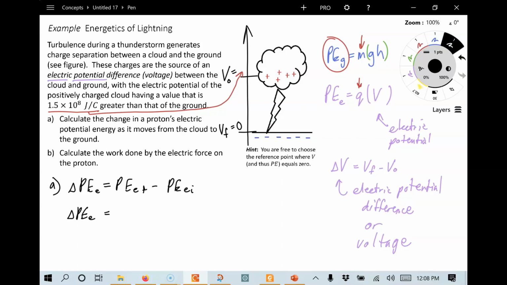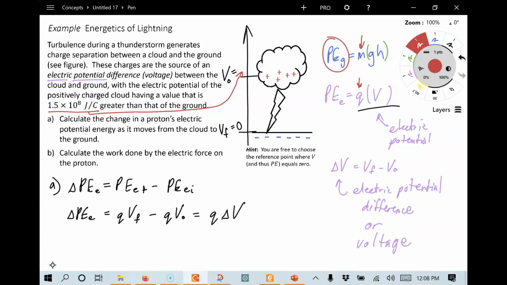So that means take the charge, multiply by the final electric potential, minus the charge times the initial electric potential. There's really two ways you can do it. If you want, you can go ahead and just factor the charge out and directly multiply by the electric potential difference or the voltage. It doesn't matter either way.